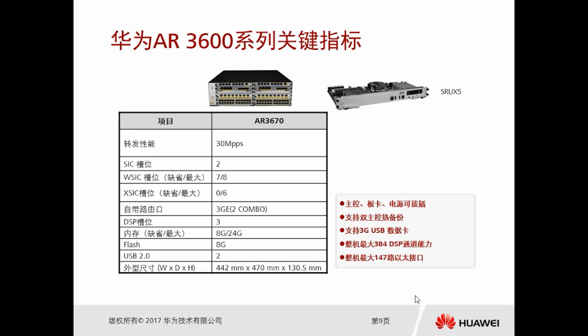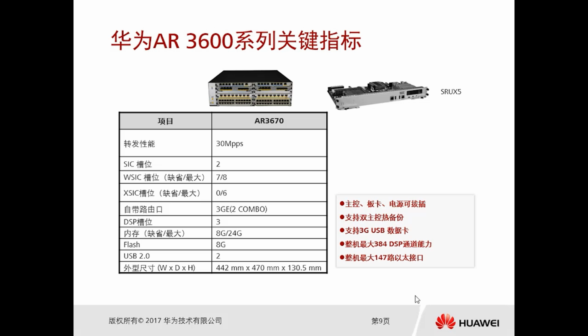And then there is also support for dual active hot backup. So it has dual control and hot backup. For my business, this has been very helpful in significantly improving stability and reliability. Moreover, it supports 3G USB data cards. The channel capacity of DSP is 384, the maximum for the whole machine.